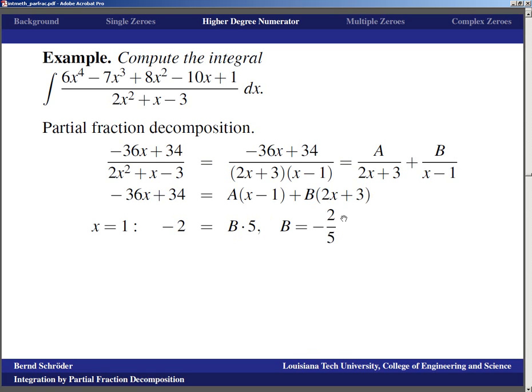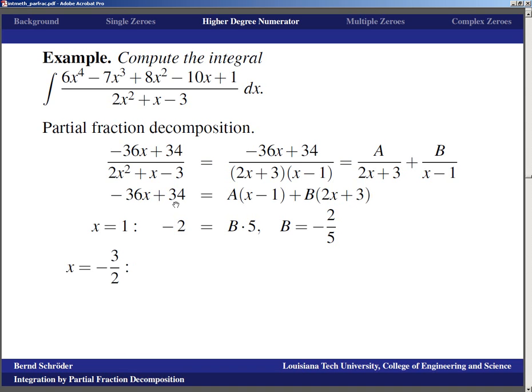The next choice for a value of x would be, let's get an ugly one, negative 3/2. That would make things go away here. Yep, x equals negative 3/2. And that means that on the left side we get, well, the negative goes away. 36 divided by 2 is 18. 18 times 3 is 54.